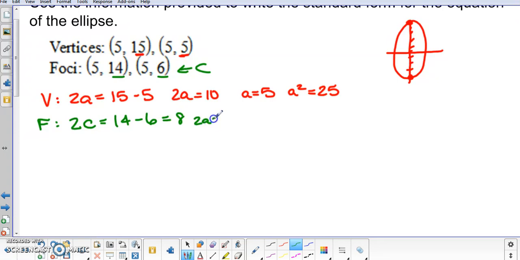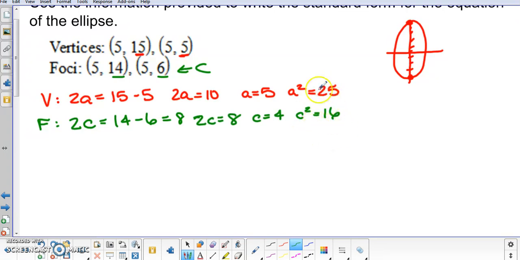So 2c equals 8, and that means that c is going to equal 4, and c squared equals 16.